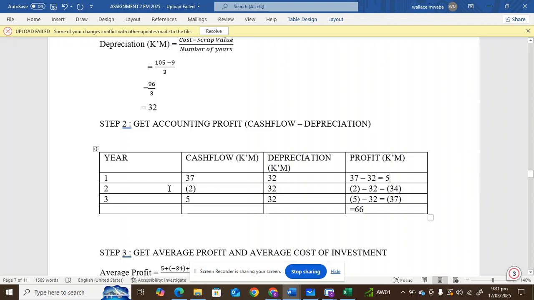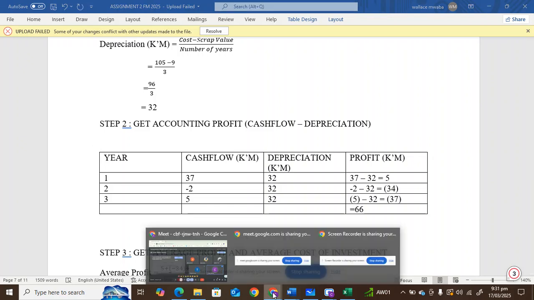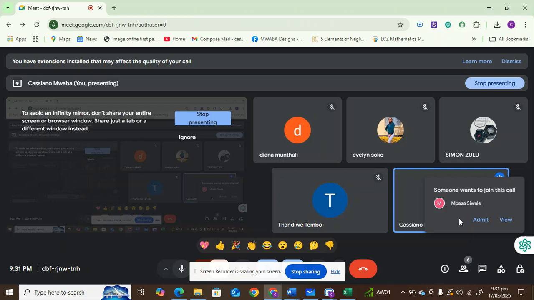Year two, with a negative cash flow, we're in a loss. Depreciation is 32. So our accounting profit, in this case, is our accounting loss because we're making a loss. Negative 2 minus 32, we get negative 34.